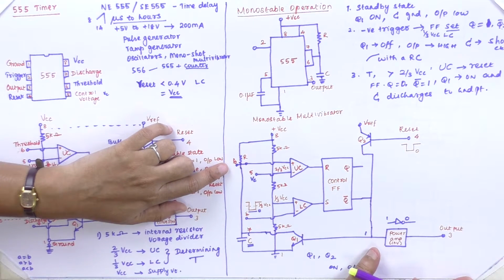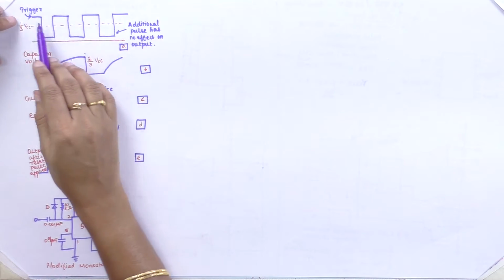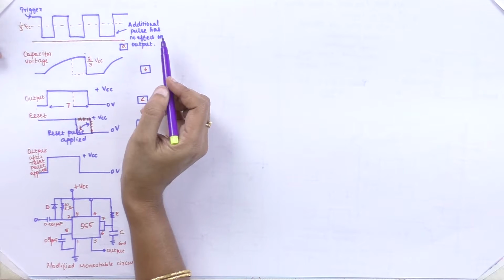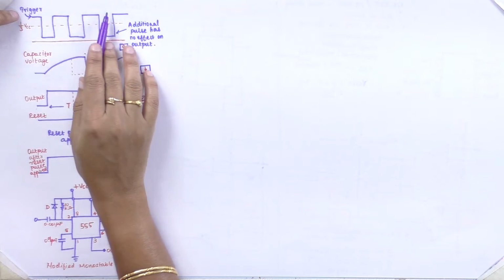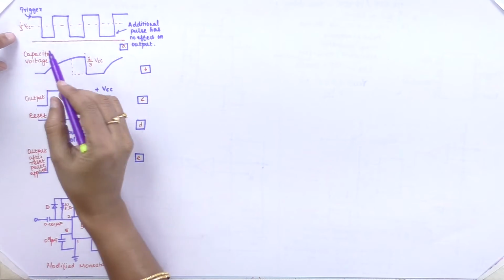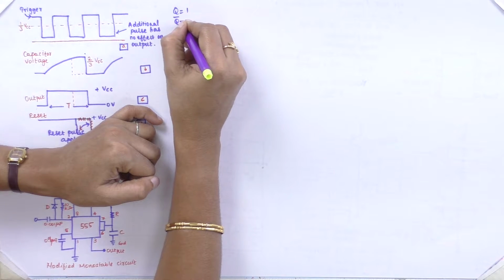So this I will show in the diagram. Initially, the additional pulse has no effect on the output, that is 0 volt, and then a negative trigger pulse is applied. In that condition, your lower comparator gets set. So your Q will be 1 and your Q bar is 0.